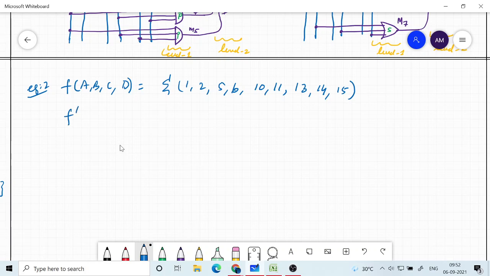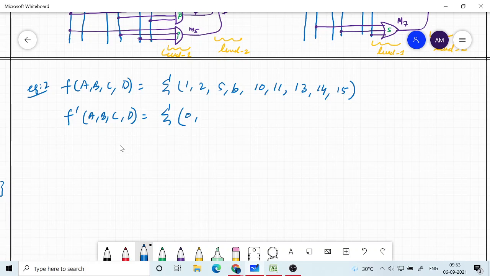So f dash of a, b, c, d is sigma of whatever is not there: 0. I dropped the small m because sigma is there, so all of these are small m. This is an even more concise representation.